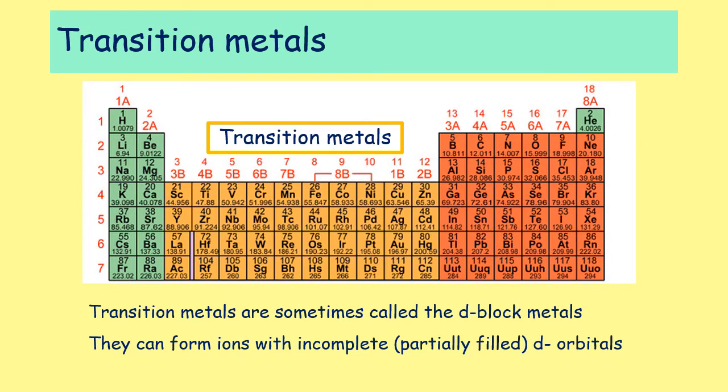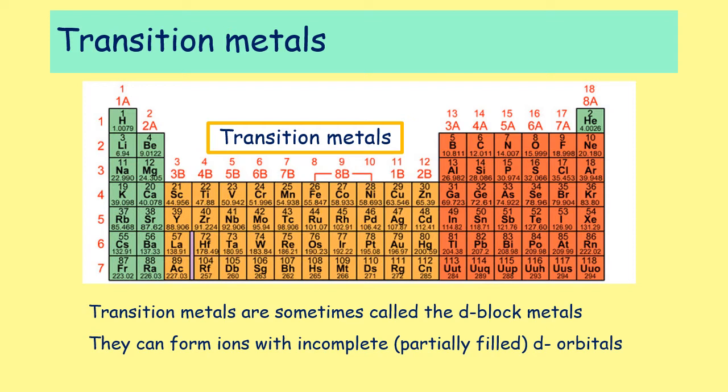So transition metals are what we would typically call the d block metals, and they form ions with incomplete or partially filled d orbitals. So actually within the d block, not everything is technically a transition metal.